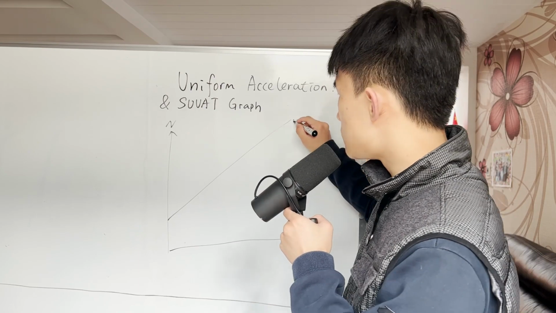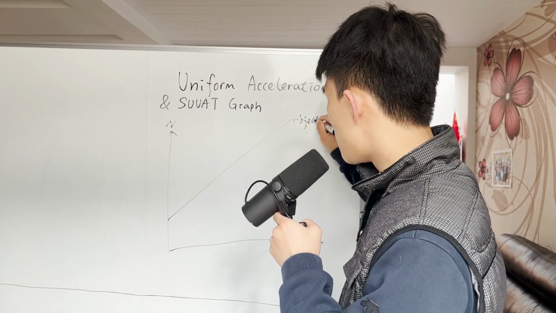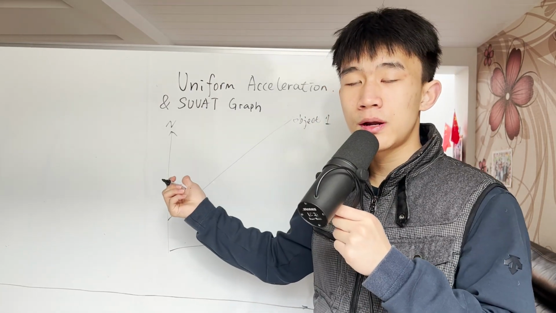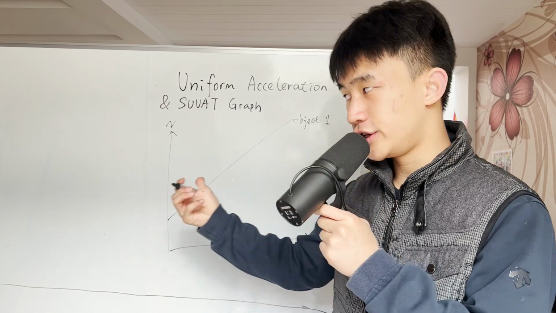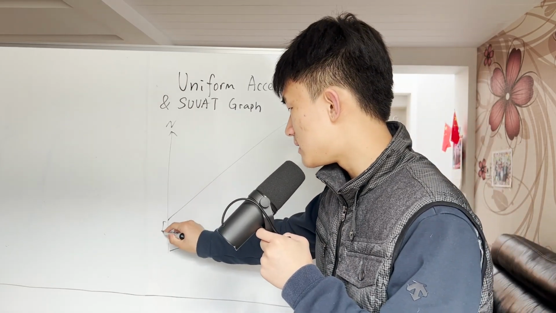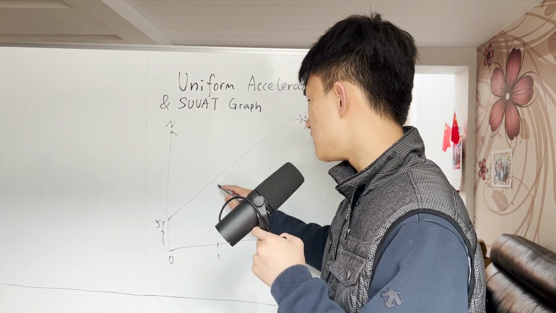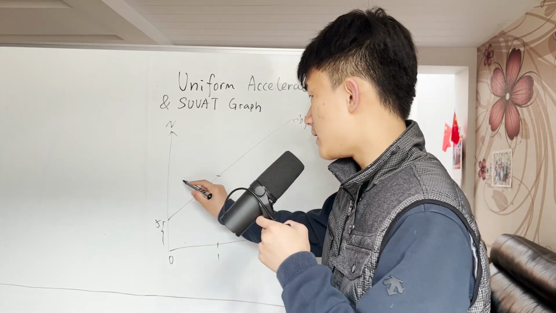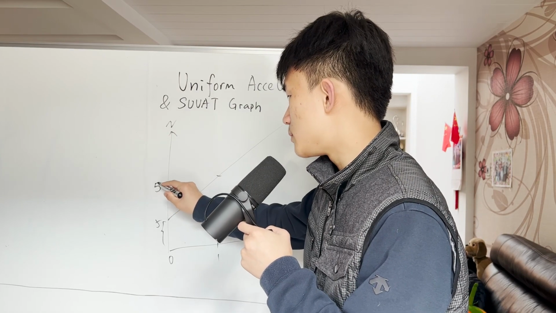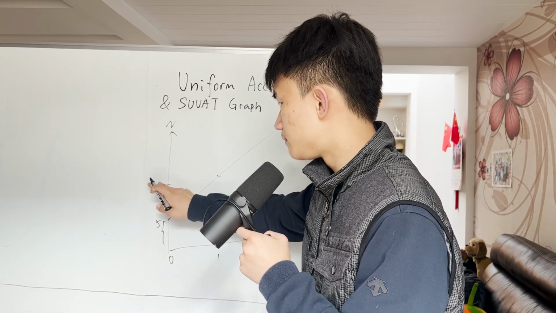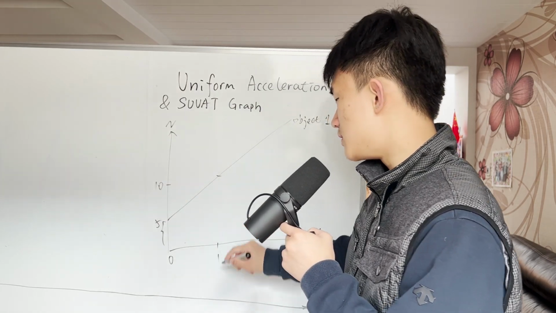For example, this is object 1. It's currently experiencing uniform accelerating motion. This is its initial velocity, maybe 5 meters per second, and this is 10, this is 1.